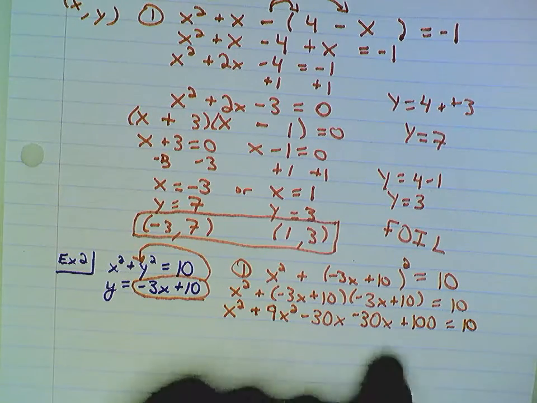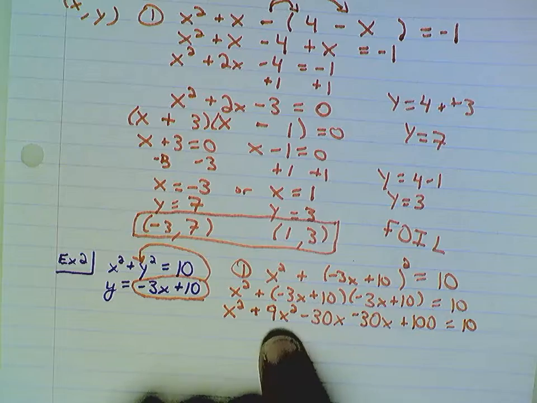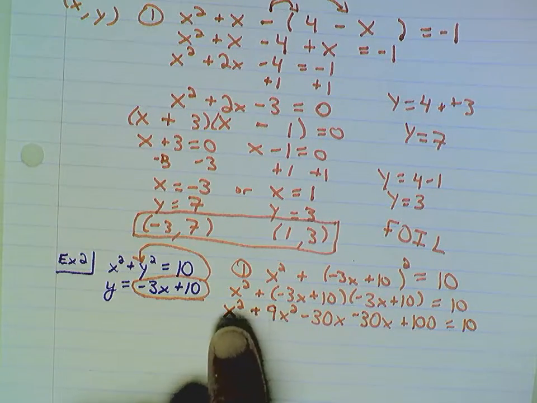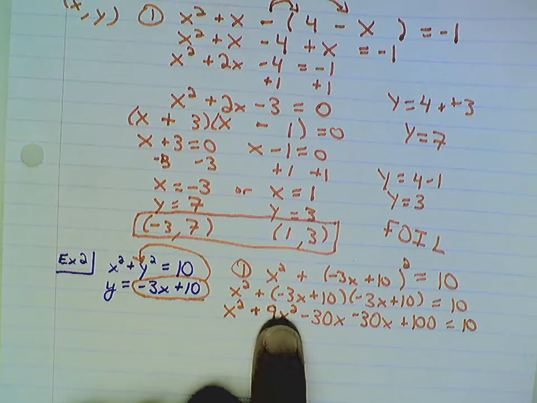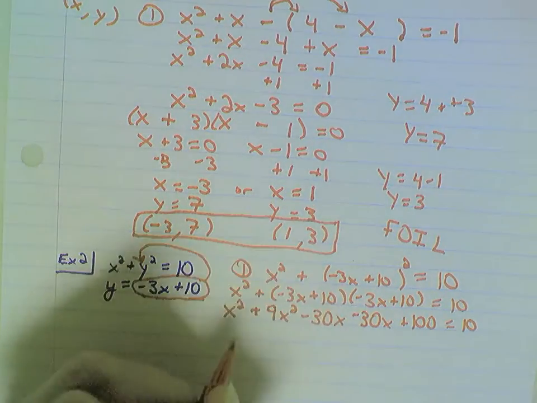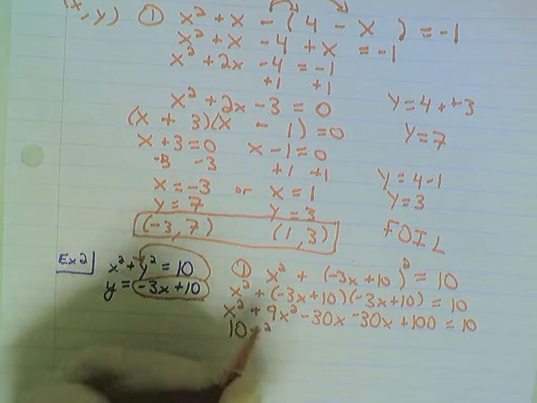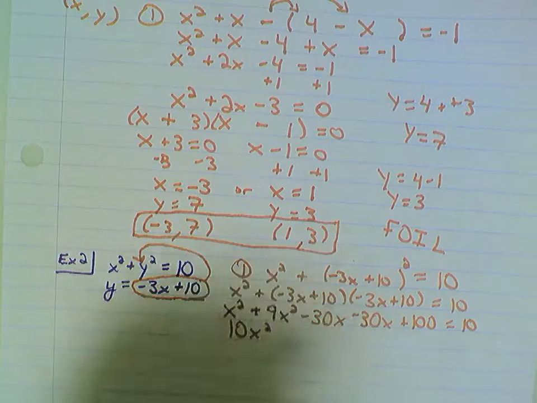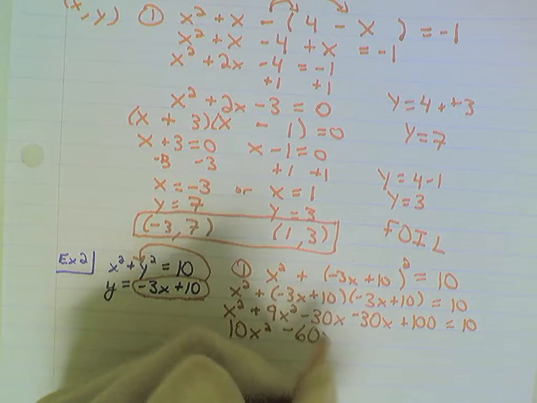Once again, I'm just continuing to simplify here. So at this point, I want to combine like terms. Notice that I have an x squared term and a 9x squared term. They're both x squared, so I can add those together and get 10x squared. And then I have negative 30x minus 30x, so that's negative 60x.